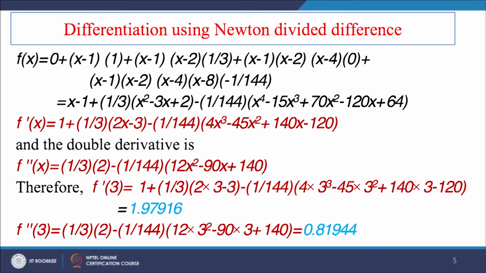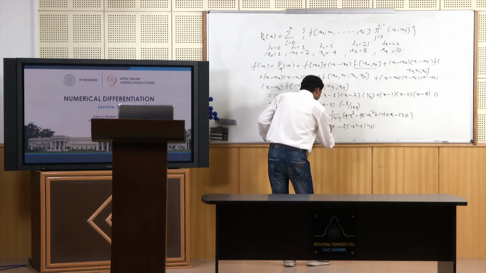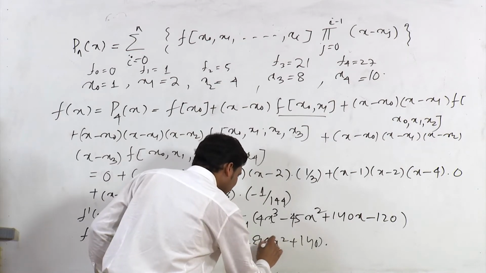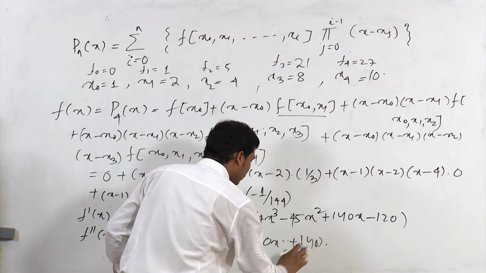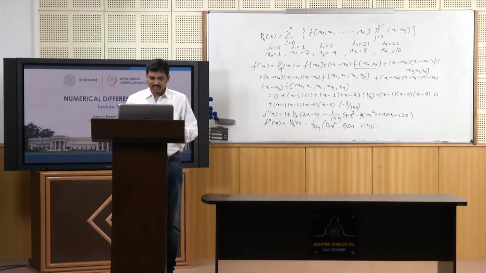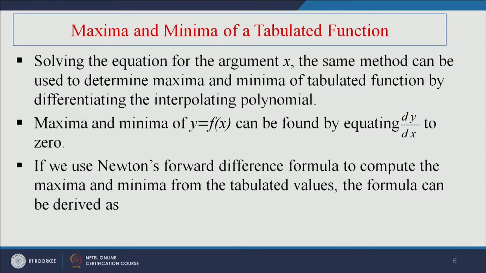Then it can be multiplied and we have the clear form. It changes to 12x square, 90x, and 140. If you directly put f double dash of 3 here, we obtain the value as 0.81944. Then we will go for the computation of maxima and minima using this polynomial differentiation.